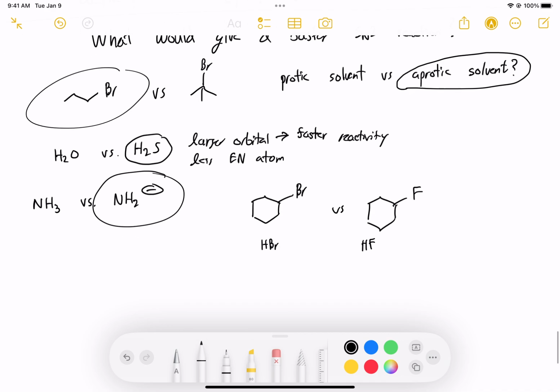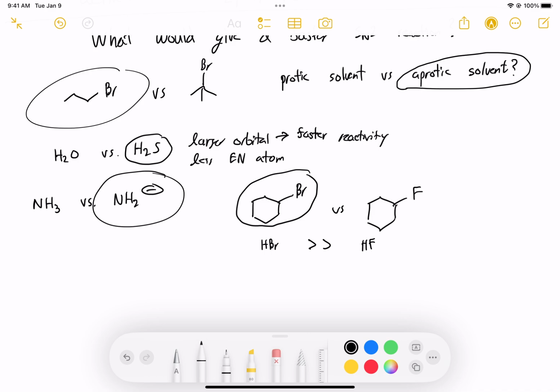HBr is greater than HF in acidity, so Br should be the better leaving group. HBr, better acid, weaker base. So it'll be a more stable base, easier to depart, and so you get a faster reaction. So it's also based on thermodynamic stability and what makes a better acid.